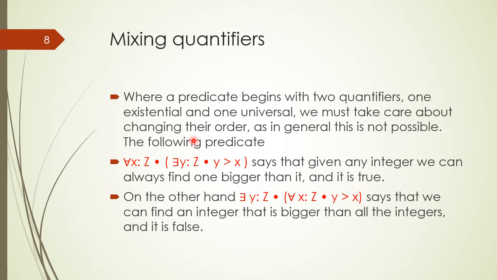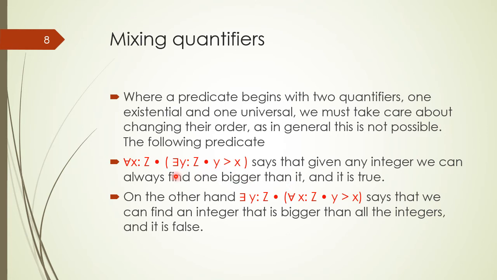changed. Let us consider a multiple quantified statement. For all integers x, there exists an integer y where y is greater than x, which says that given any integer, we can find one bigger than that, and it is true.